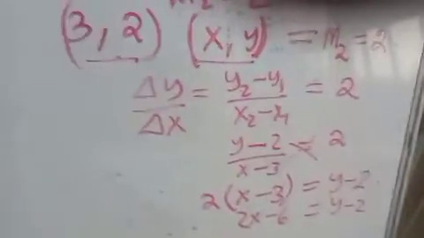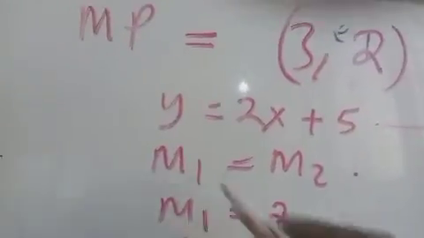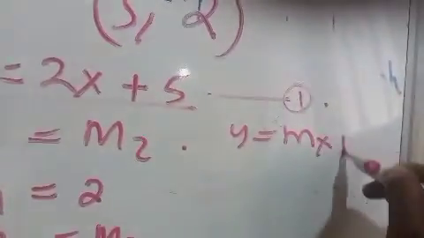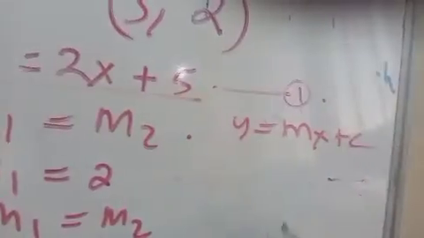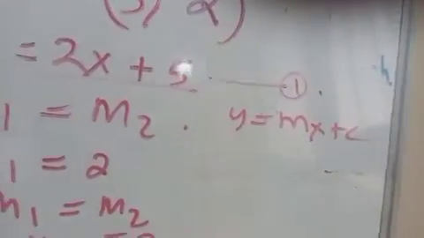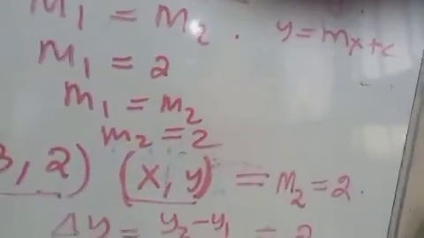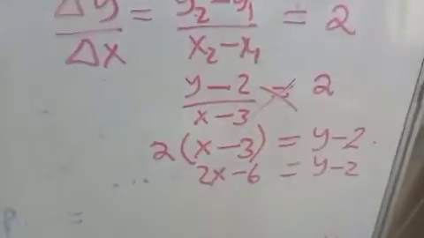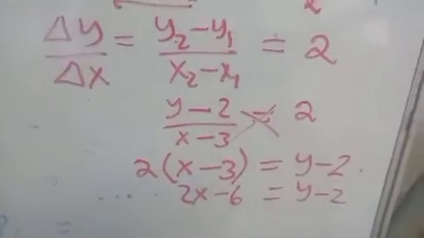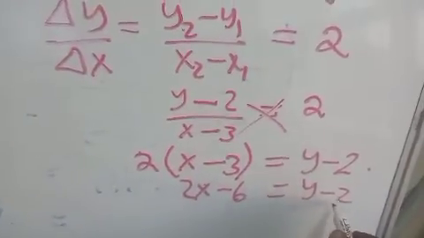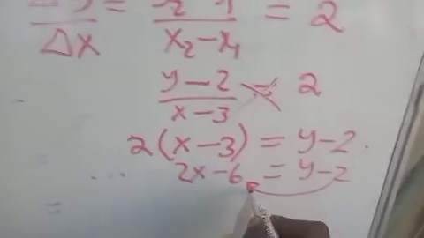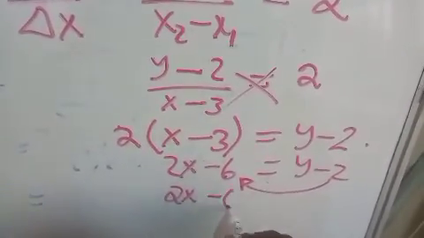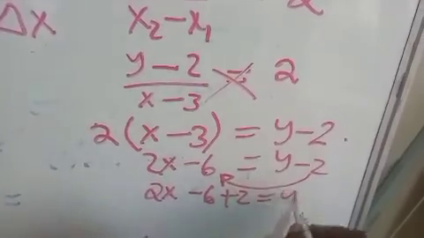Since the given equation was in the form y = mx + c, where m is the slope and c is a constant value, we expect our new equation to be written in that form. So negative 2 will be transferred to the left side, and it will be 2x - 6 + 2 = y.